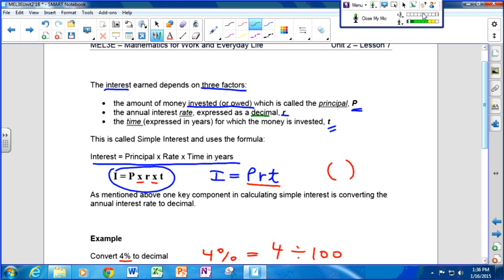So we go from a percentage to a decimal. We talked about that a little bit in the previous review part.